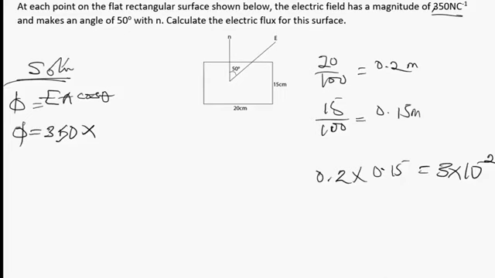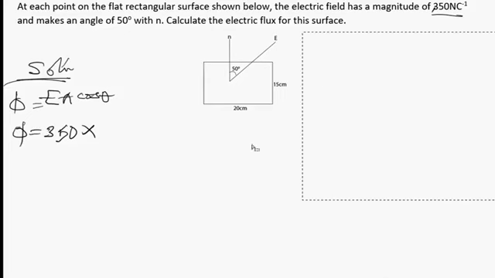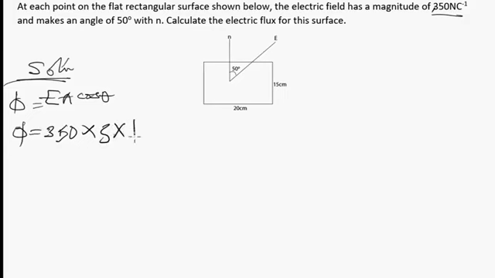I'll go ahead and wipe off this part. Now I know that the area is 3 times 10 to the power of minus 2. And then I'll multiply this by cos theta, which is in this case cos 50.